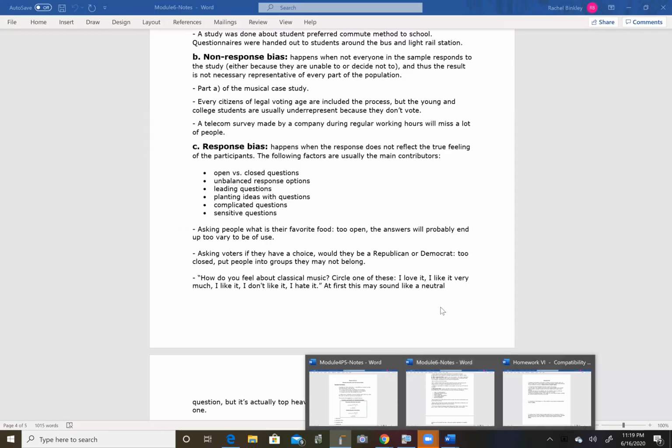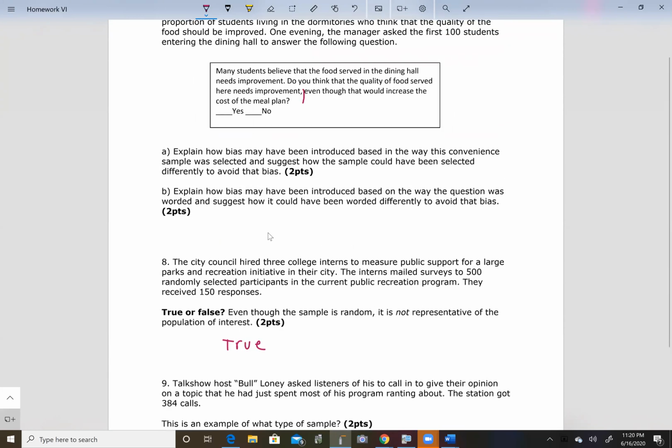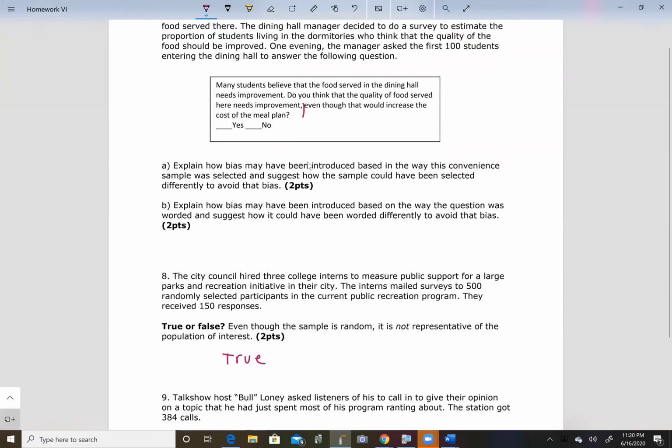I think it is the first example that was part of your notes. So volunteer. We went over this. Please listen to that one.